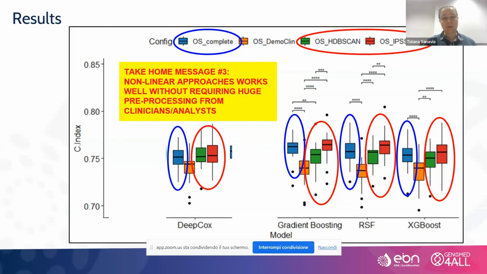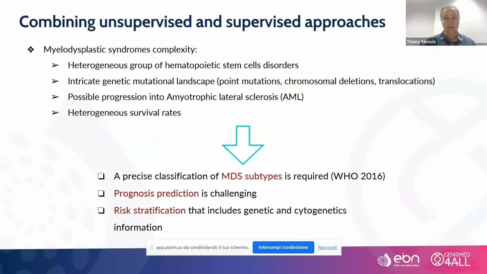However, we are now wondering whether, since these are two steps that are separated from each other, if we try to combine unsupervised with supervised approaches, we are able to further improve the performance, starting from the MDS data that we know are characterized by a heterogeneous group of hematopoietic stem cell disorders, and it's very tough to find a good representation of the data.